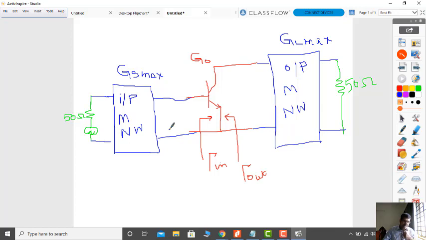Similarly, the reflection looking towards the source through the input matching network will be gamma S, and the reflection looking towards the load through the output matching network will be gamma L. And our source resistance is 50 ohm and load resistance is also 50 ohm.